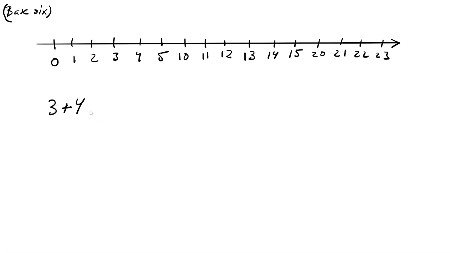So 3 plus 4, how do we do that? We can jump on the number line. You see 3, we start here, and then you jump 4 steps. And then we end up here. So you see that this is equal to 11.